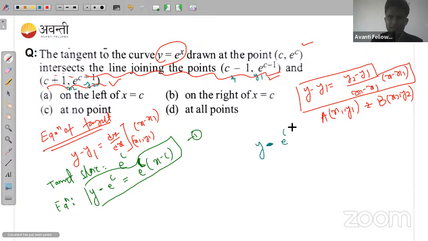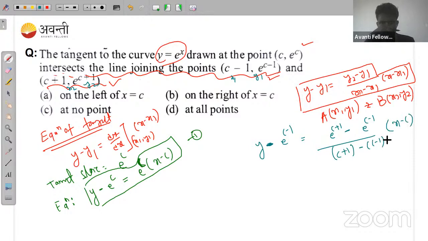So that is y minus e to the power c minus 1 is equal to y2 minus y1, that is e to the power c plus 1 minus y1 e to the power c minus 1 divided by x2 minus x1, that is c plus 1 is x2 minus c minus 1 into x minus x1, x minus c plus 1, where here is c minus 1.